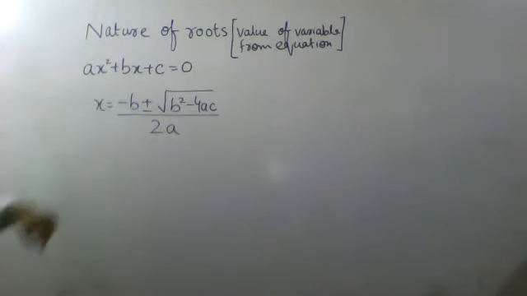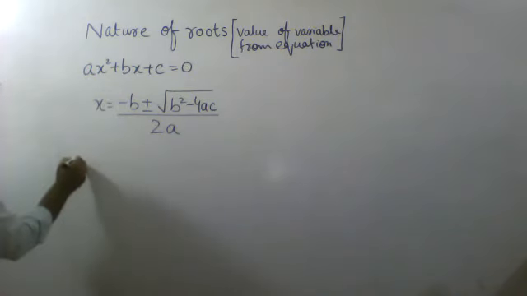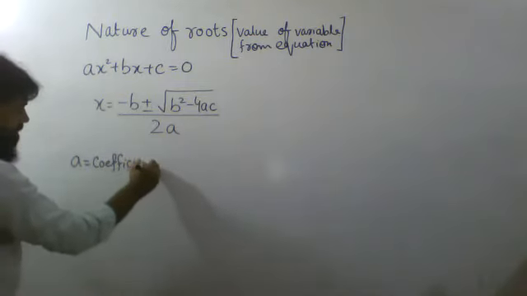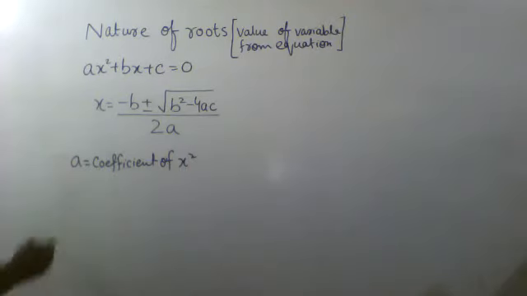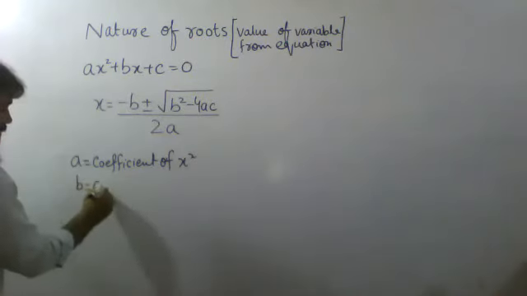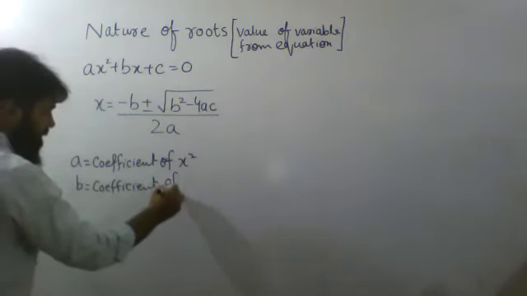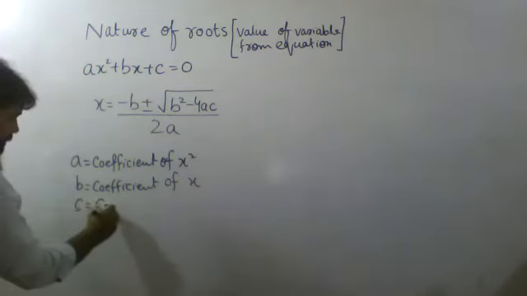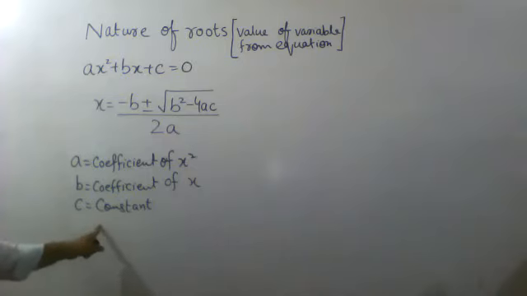Okay, in this formula, as you can see, a is coefficient of x square. b is coefficient of x, and c equals all those terms which are without the variable, we call them constant.